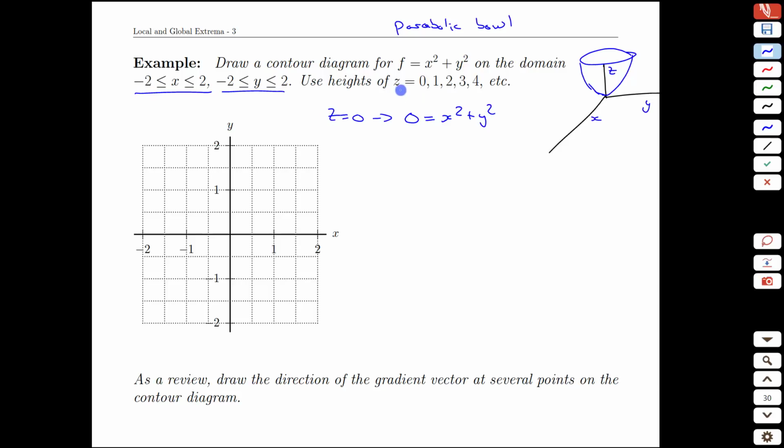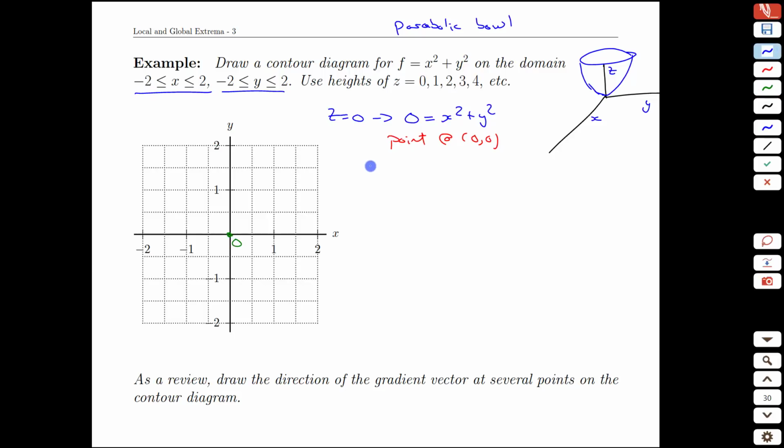We know how to do this fairly easily now. We pick our z value, and then we sub that in for the function value and see what shape we get. In this case, if we have x squared plus y squared equals 0, that's a single point at 0, 0. So that's a single dot on the coordinates here at height 0.